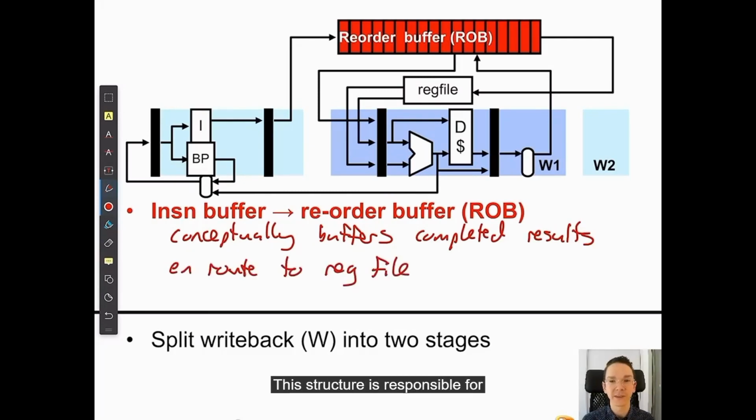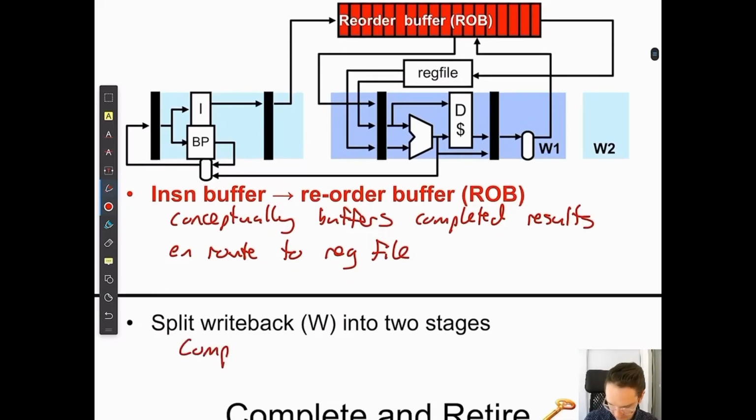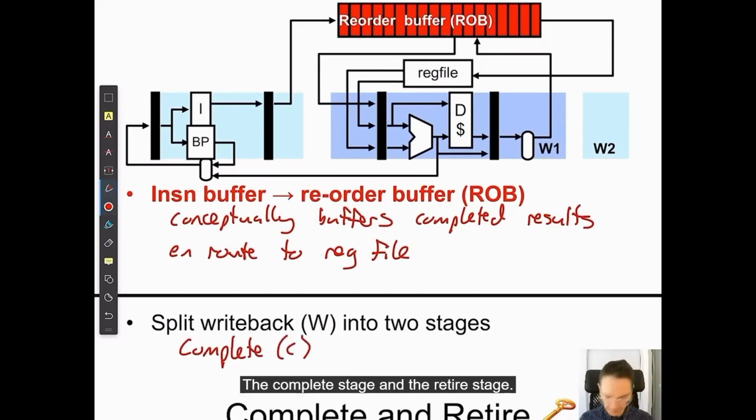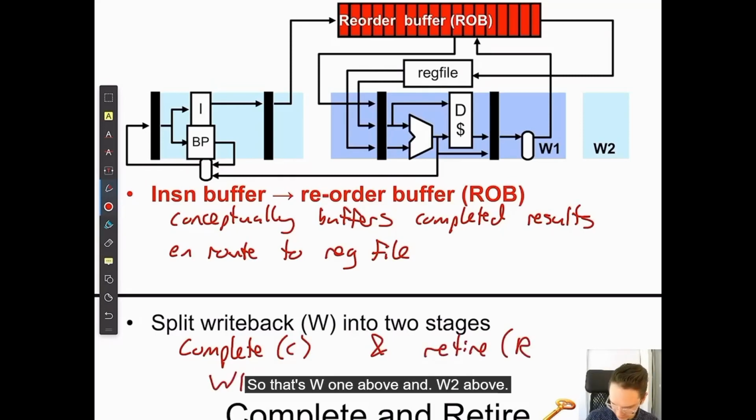This structure is responsible for ensuring we make in-order write-back to the register file. And just as we split the decode stage into an in-order part and an out-of-order part, we do the same here, splitting the write-back stage into 2 parts. We call them the complete stage and the retire stage. So that's W1 above and W2 above.